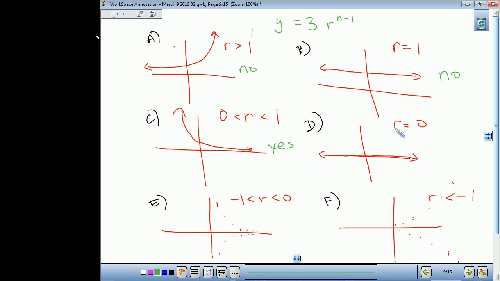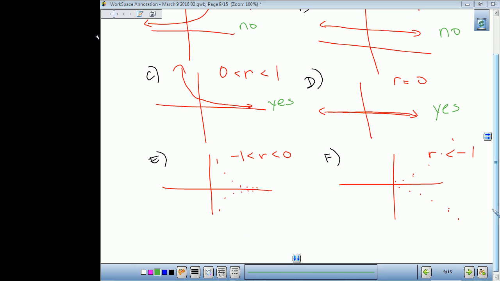Can we, if r is exactly equal to 0, can we find it? Yeah, because 0 plus 0 forever is still 0. Okay, and this one is a yes, and this one is a no. Because if the graph is approaching 0, then eventually you could argue that it approximately has a value of 0.